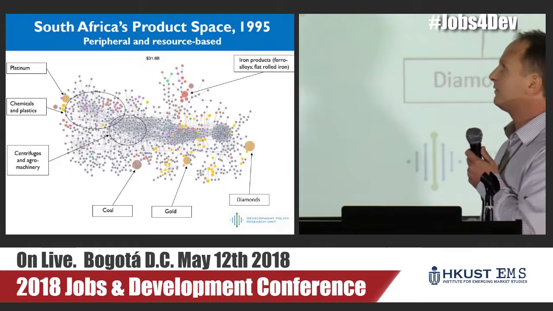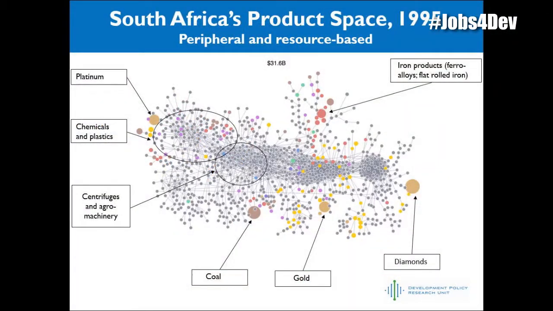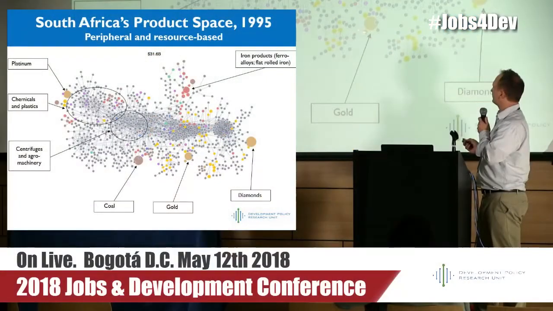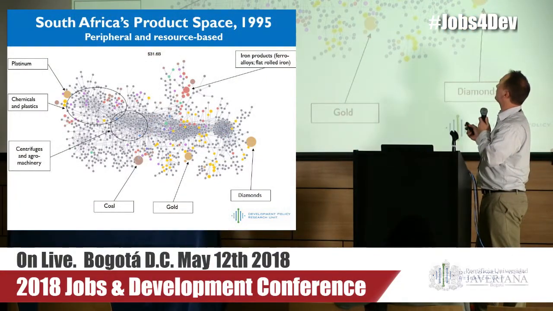So we can locate South Africa in the product space. This is 1995, and the story there is peripheral and resource-based. South Africa has a huge amount of value in its soil, which I suspect could be a detriment to its manufacturing sector. We've got platinum, coal, gold, diamonds, and iron and some iron-related products.